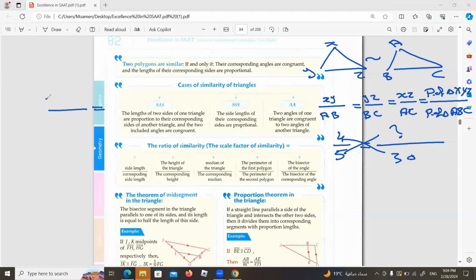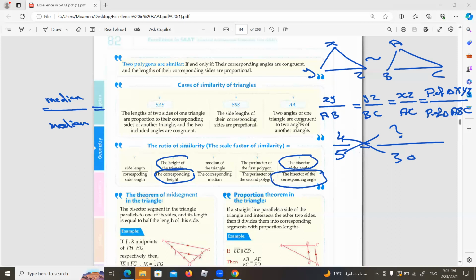The median over the median. It means the median of the first triangle is proportional to the median of the second. Only the median? No. The altitude of the first triangle and the corresponding altitude or corresponding height. The angle bisector of the first triangle and the angle bisector of the second.